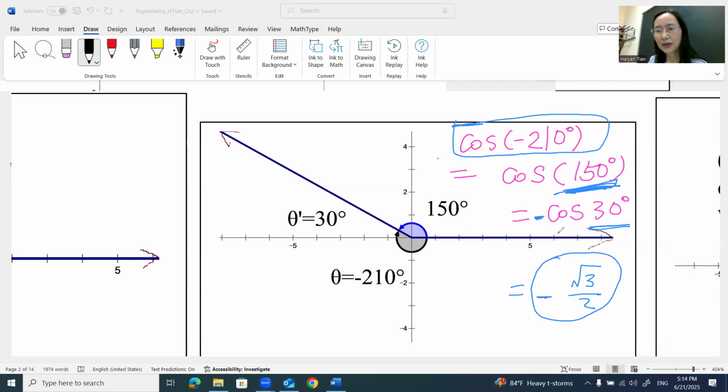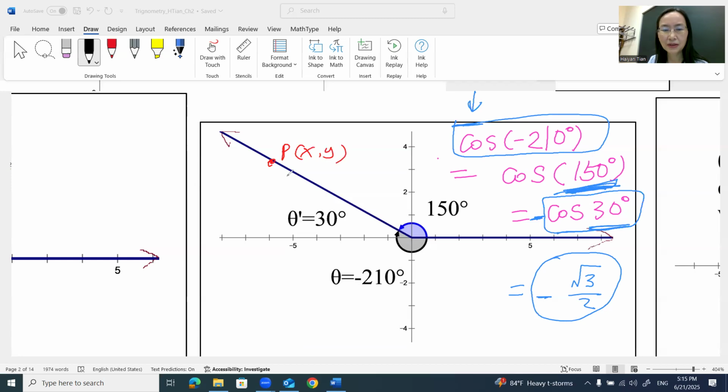So after we find the reference angle, we always get a positive function value, right? So we have to address the sign for the original problem. The original problem is cosine of an angle that is in the second quadrant.